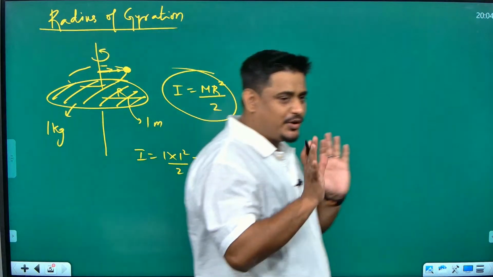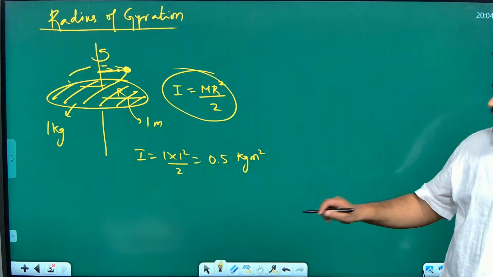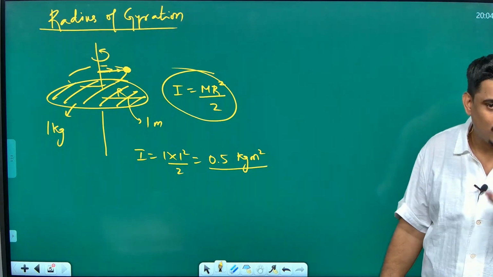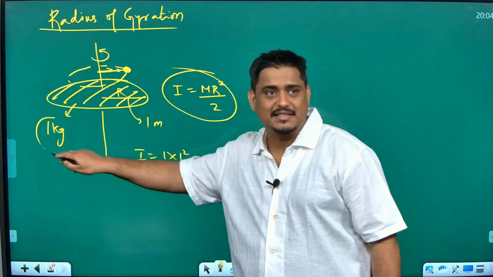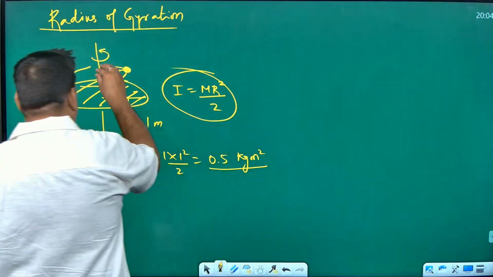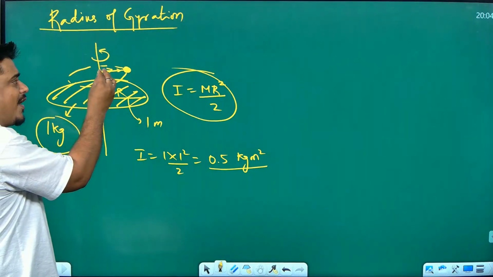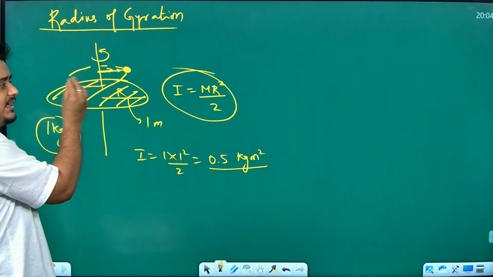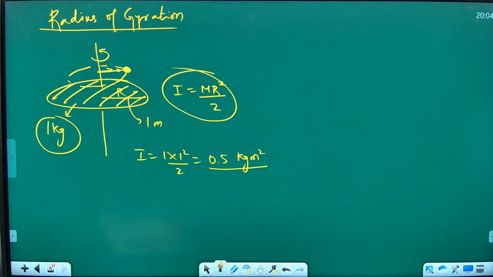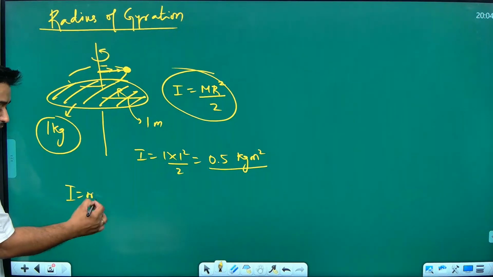Kg meter square is the unit of moment of inertia. So I got the value as 0.5 kg meter square. Now you have a 1 kg mass. You should find at what distance, if I start rotating, it will give me 0.5 kg meter square. The general formula of moment of inertia is m r square, isn't it?